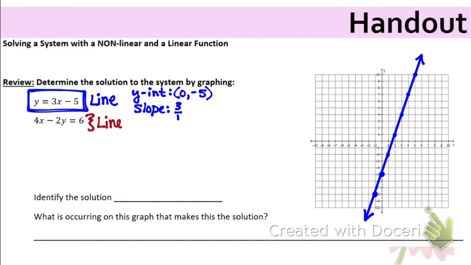I'm going to put this in slope-intercept form so that we can graph it just like the one above it. So I'm going to subtract 4x from both sides. So I'd have negative 2y equals negative 4x plus 6. How do I get y all alone now? Divide everybody by negative 2.